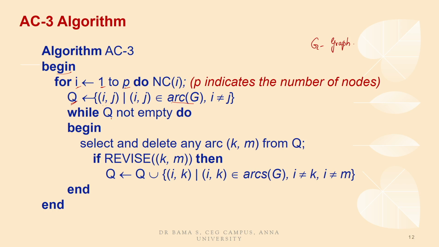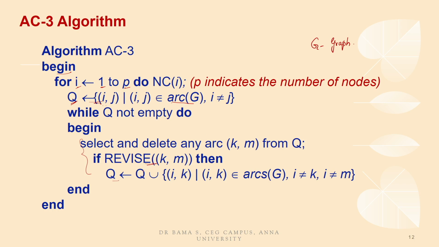When q is not empty, then we will do these two steps. The steps are, you delete any arc from q first and revise it. We will see how it is revised. It gets revised because we apply the constraints one by one, and once we apply the constraint, the value of the node will get changed, and once the node changes, we will revise the q.